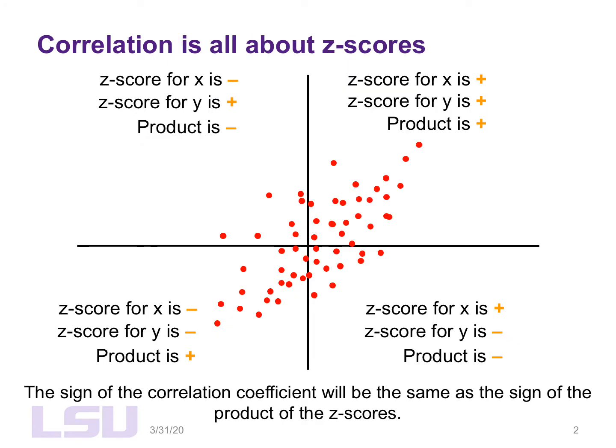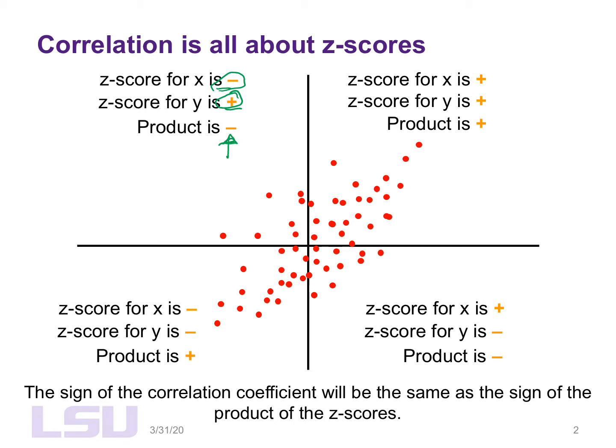Correlation is basically all about z-scores, because your correlation coefficient, like I just showed, is a product of your z-scores. So from the sign of your z-scores, you can take a product and you get what the sign of your correlation coefficient will be.